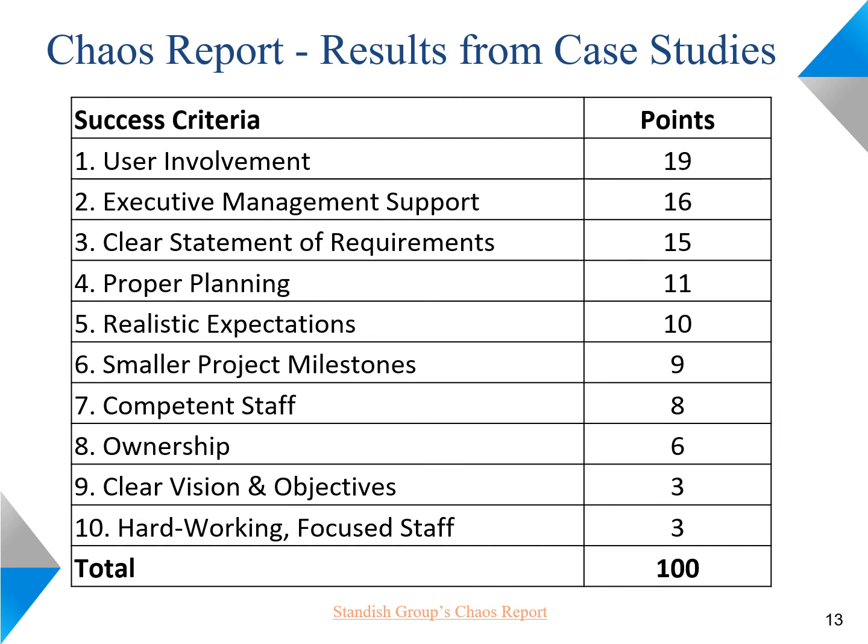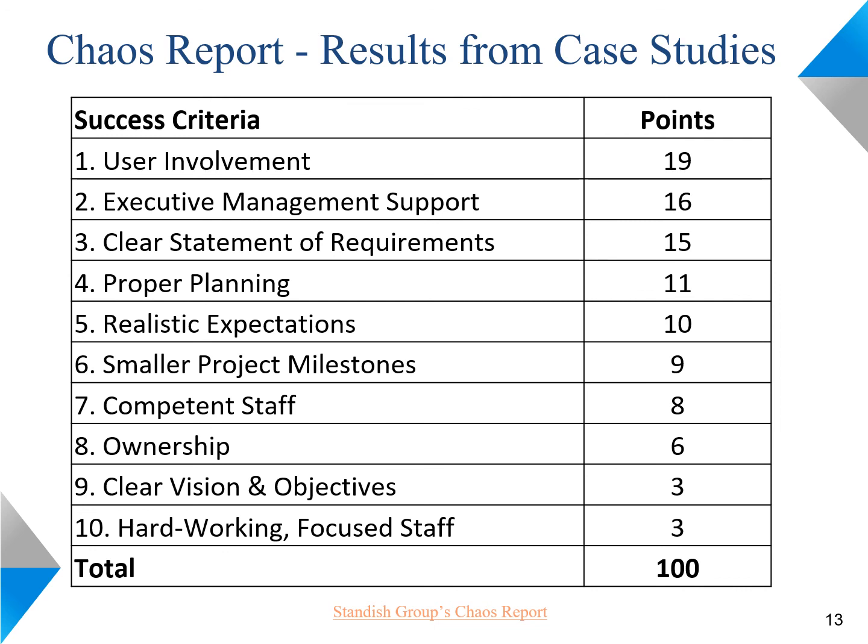So, kind of rank ordering all of the success criteria for a project, these are the results from the Chaos Report, and you can see that user involvement ranks very highly. Executive management support, another big item. A clear statement of requirements, what it is that we need to build, is an important factor.